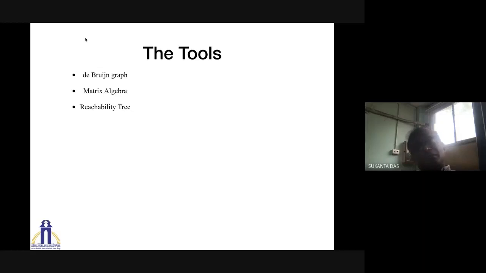Although for non-uniform cases de Bruijn graphs have been used, the de Bruijn graph is primarily used to characterize uniform, classical CA, where all the cells use the same rule, and it is used for the finite case as well as for the infinite case.